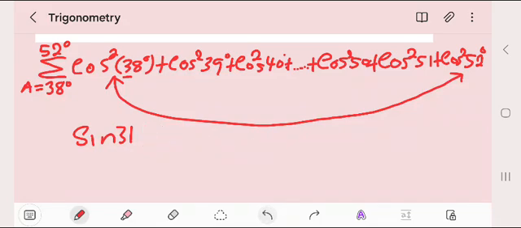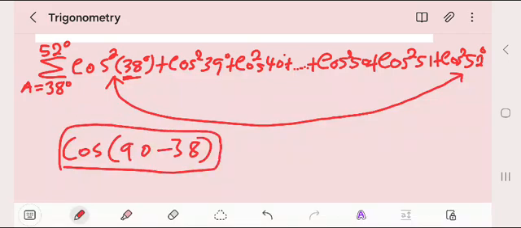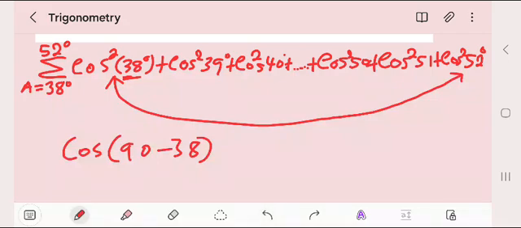You apply co-function, or you can look at this from another perspective. For example, 39. You can say 90 minus 38. Sorry, what I'm doing is wrong.